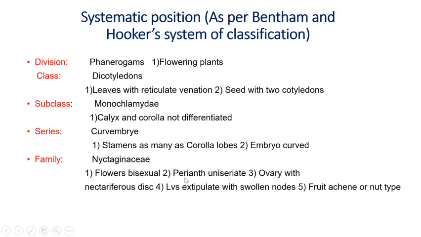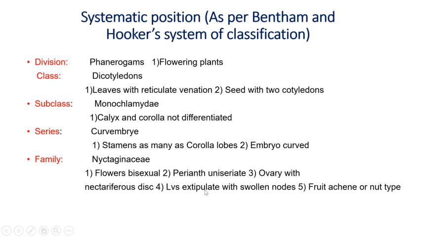In other families, we have seen sepals and petals present 3 plus 3, that means 2 series. But here, tepals are present in 1 series. Ovary with nectariferous disc is there. There is a disc present on the ovary. It is called nectariferous disc.